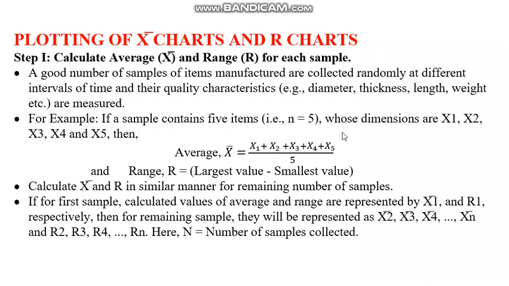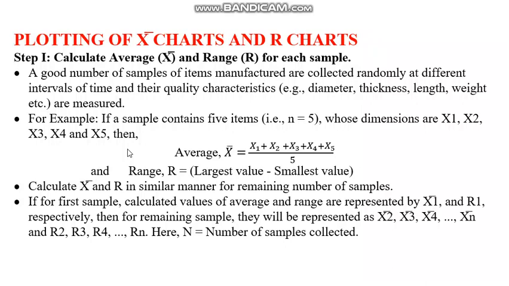These items' dimensions x1, x2, x3, x4, x5 are measured. For the time being, take the dimension as diameter, d1, d2, d3, d4, d5. The dimension can be anything, so we call it x1, x2, x3, x4, x5.